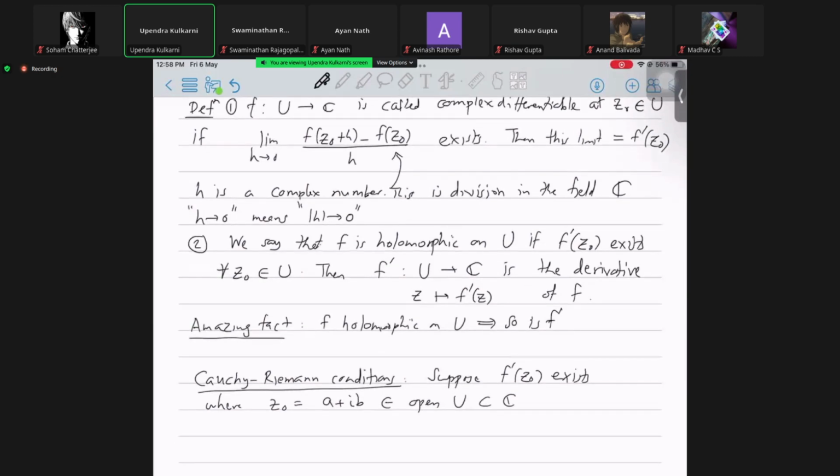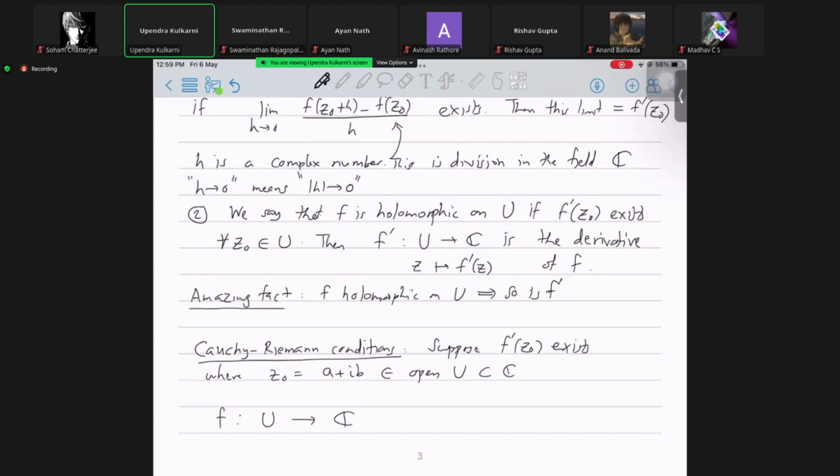Now, here's what we will do. f is a function from U to C. That means any point z is going to go to some other complex number, and this complex number is going to be written in the form u plus iv, its real and imaginary parts.